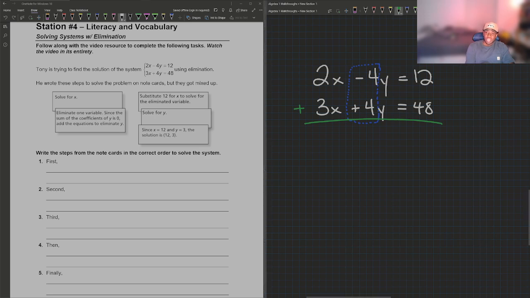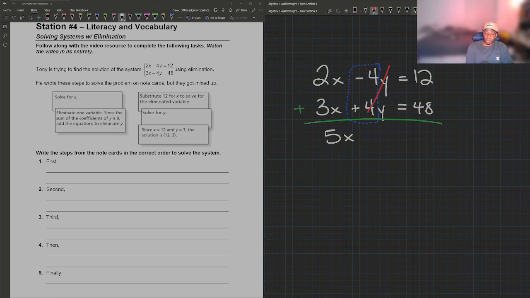So if we do 2x plus 3x, these first two x terms here, 2 plus 3 is 5, and x plus x as well is an x term. So 2x plus 3x is going to give us 5x. Like we said before, if we have negative 4y plus positive 4y, combining opposites here is going to cancel out those terms, right?